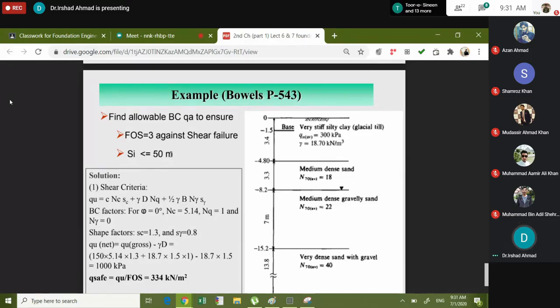So both criteria of shear and settlement have been combined into this problem to clarify to you the applicability of the concept.